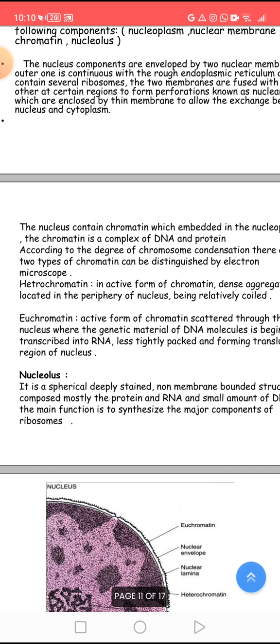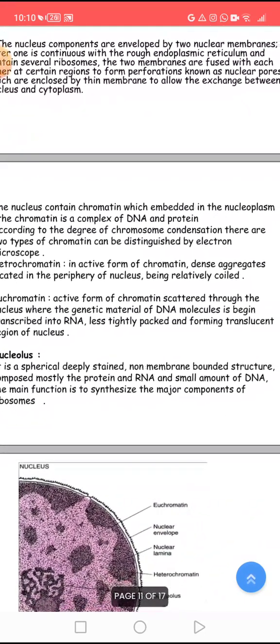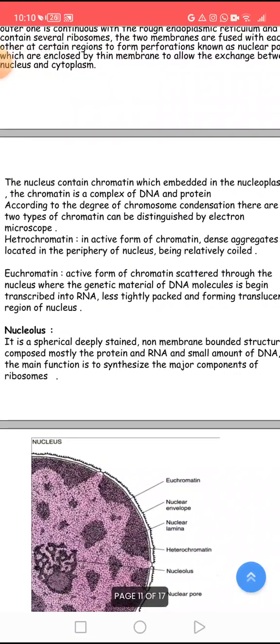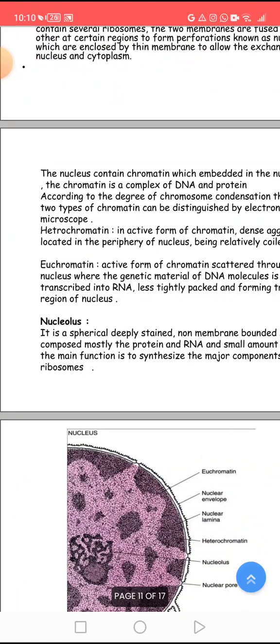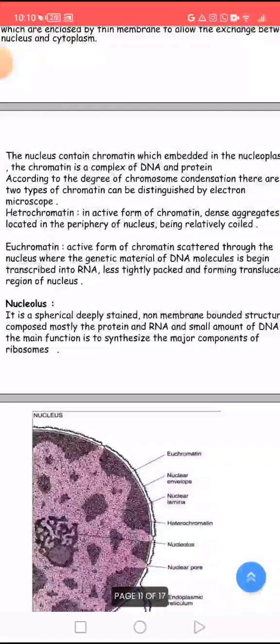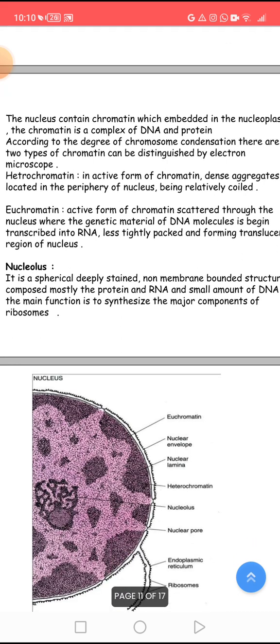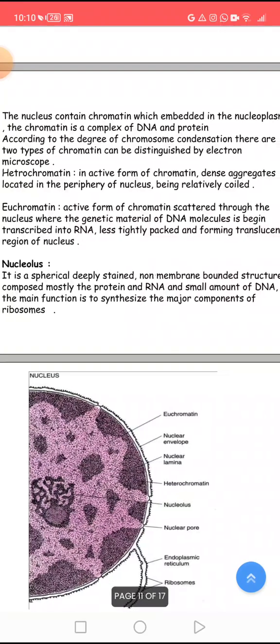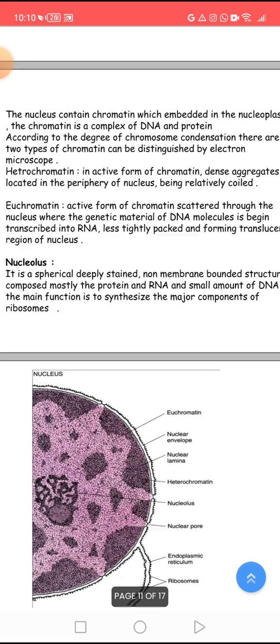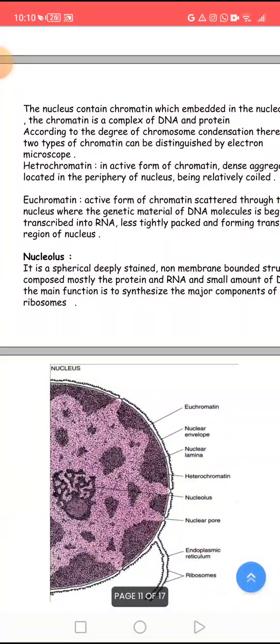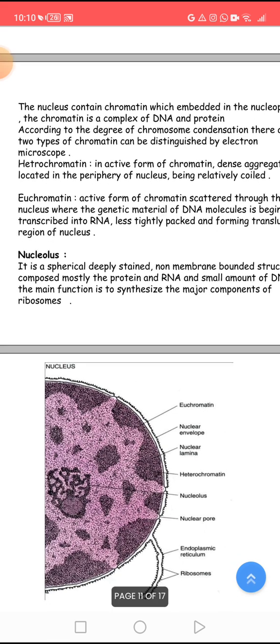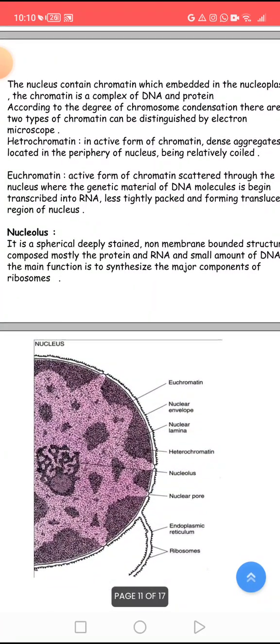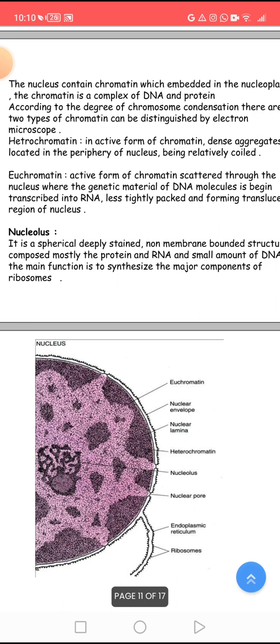nucleus and cytoplasm. The nucleus contains chromatin, as I said, in the nucleoplasm. The chromatin is a complex of DNA and protein. According to the degrees of coiling and condensation, it is divided into two types: heterochromatin and euchromatin. Heterochromatin is the inactive form of chromatin, a dense aggregate located in the periphery of the nucleus, relatively coiled, and it appears dark.